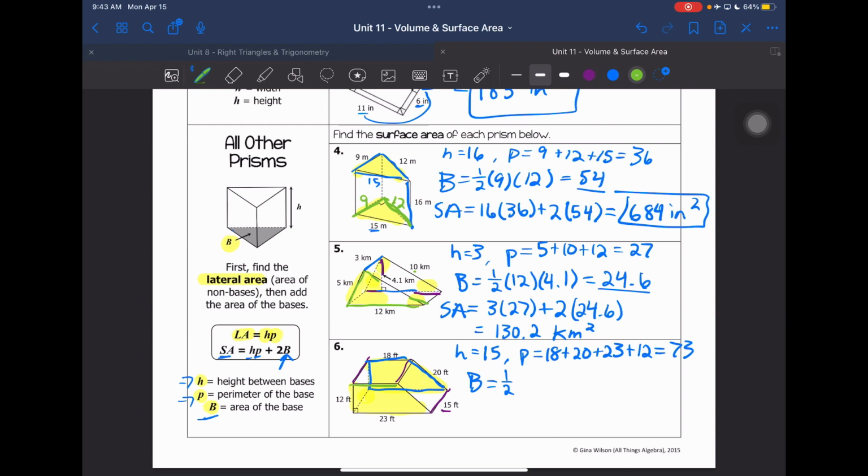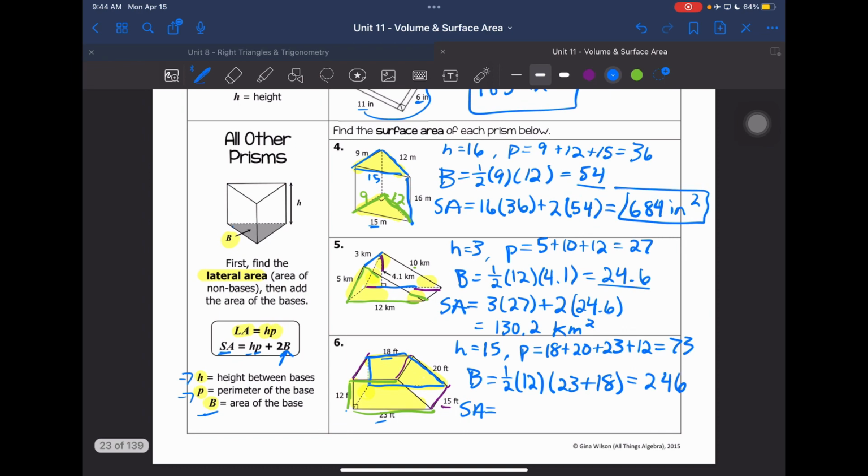So this is a base and this is a base of the trapezoid, and then this would be the height of the trapezoid. So I'm going to say 1/2 times 12, and then 23 plus 18, because those are my bases of the trapezoid. So when I type all that into the calculator, I end up with 246.